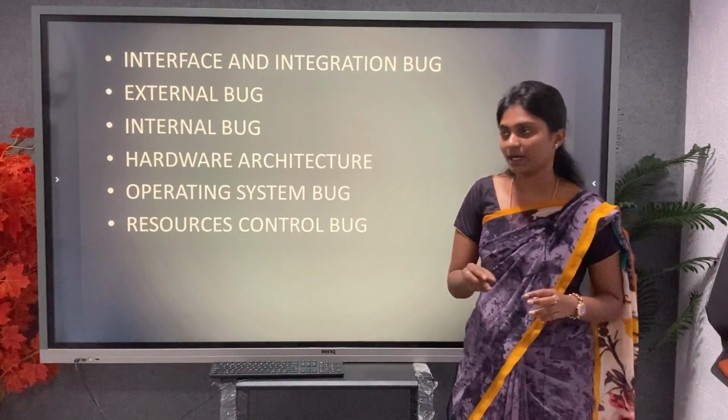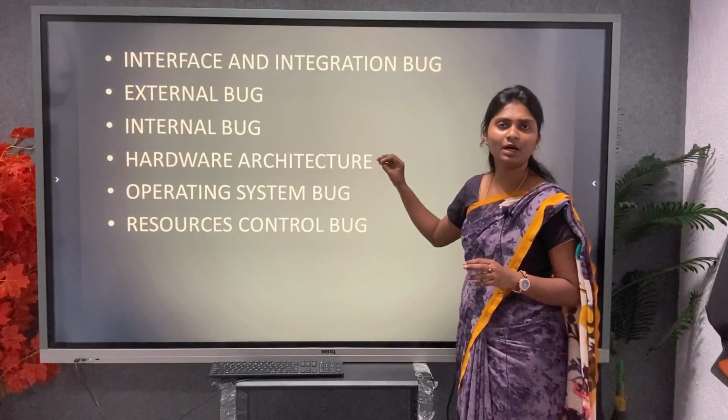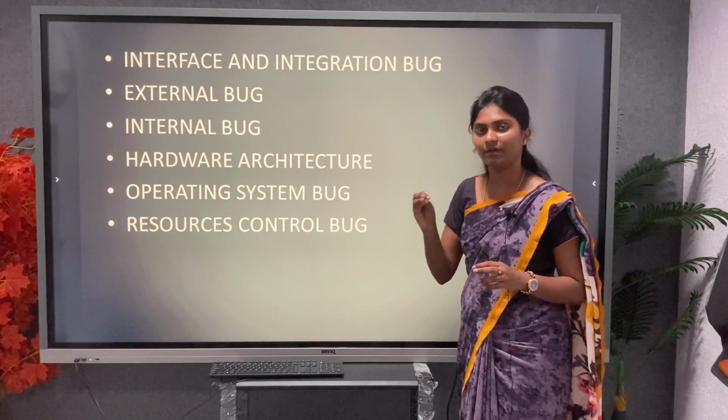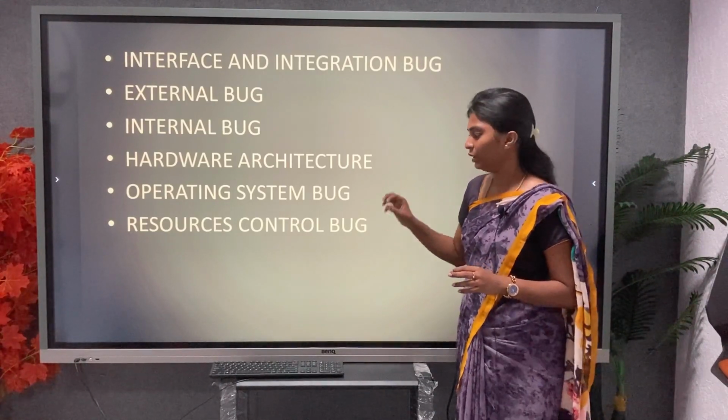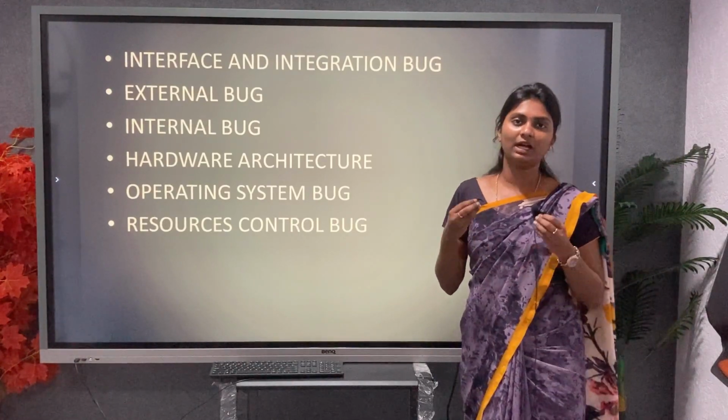So the resource bugs and the hardware bugs are the main bugs we have to identify while developing. These are the taxonomies of the bugs which we implement in testing.